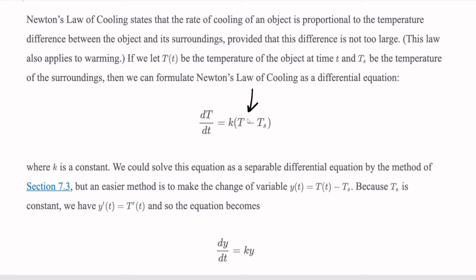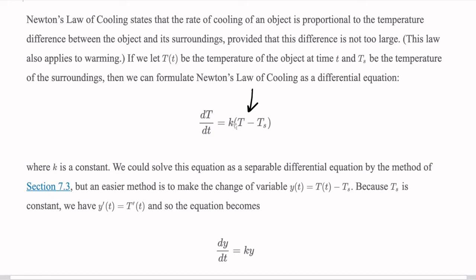So just kind of stop and think about that for a second, right? You want to cool something off. Well, you can put it in the fridge or the freezer. Why would you put it in the freezer? You want it to cool down a lot quicker. Why would you put it in the fridge? Oh, it's okay to cool down a little bit slower. Why does that happen? Well, that's what the equation says.